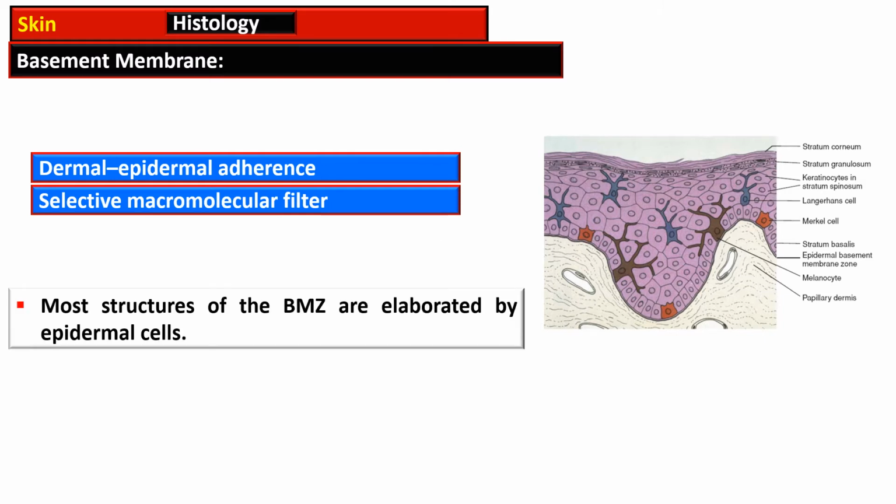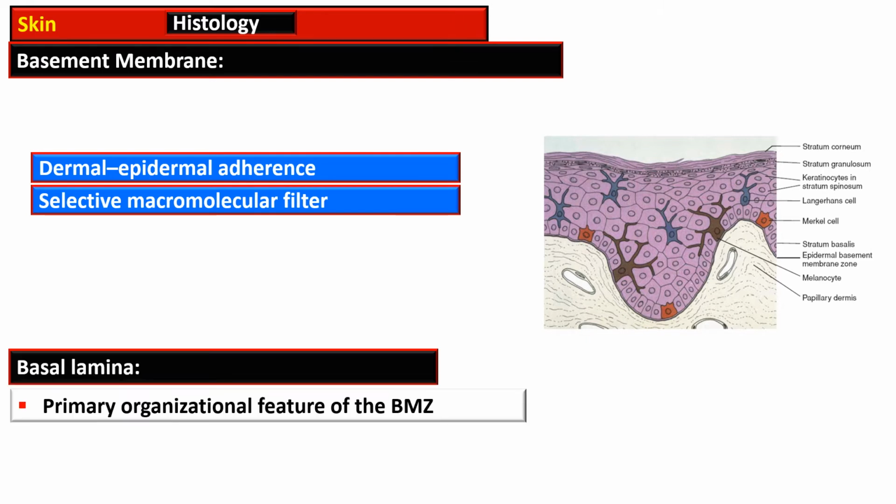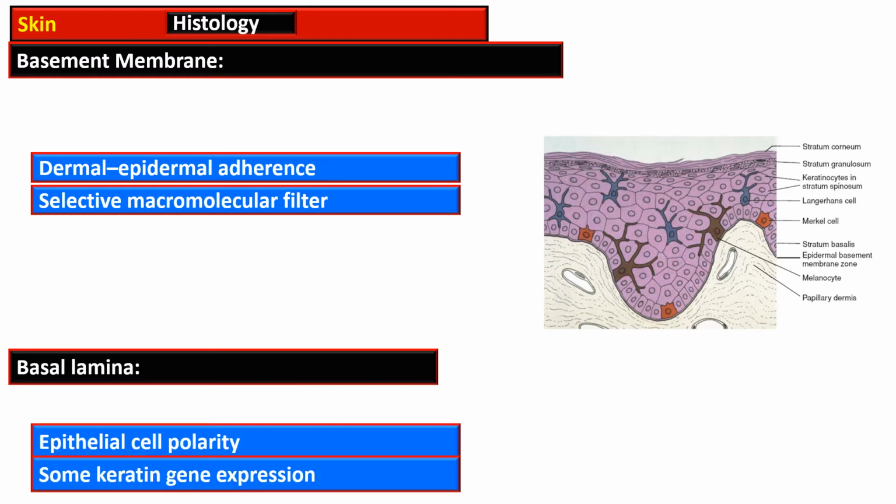Most structures of this basement membrane zone are secreted or produced by the epidermal cells, and the basal lamina is the primary organizational feature of the basement membrane zone, and it is responsible for epithelial cell polarity and some keratin gene expression.